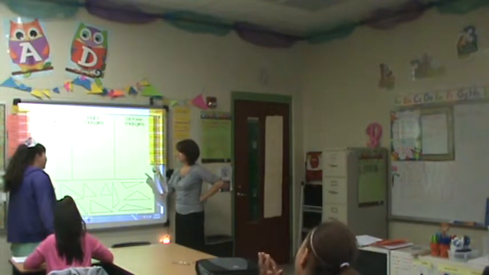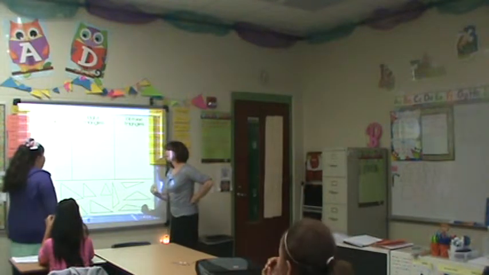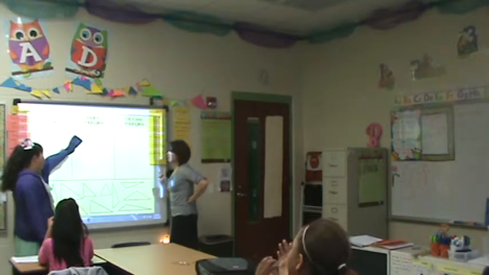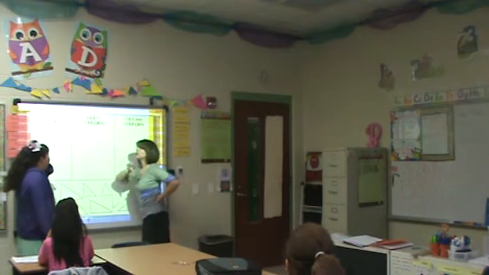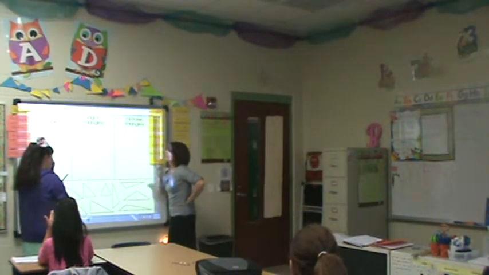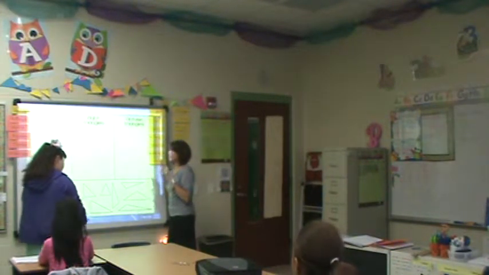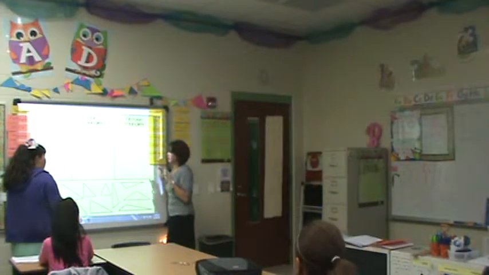It's little. Because the angles are less than what? It's very important that you understand it's got to be less than what degrees on your protractor?